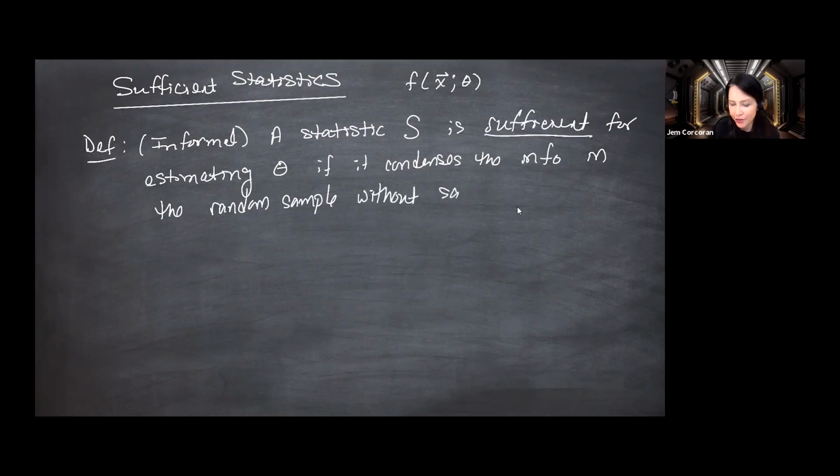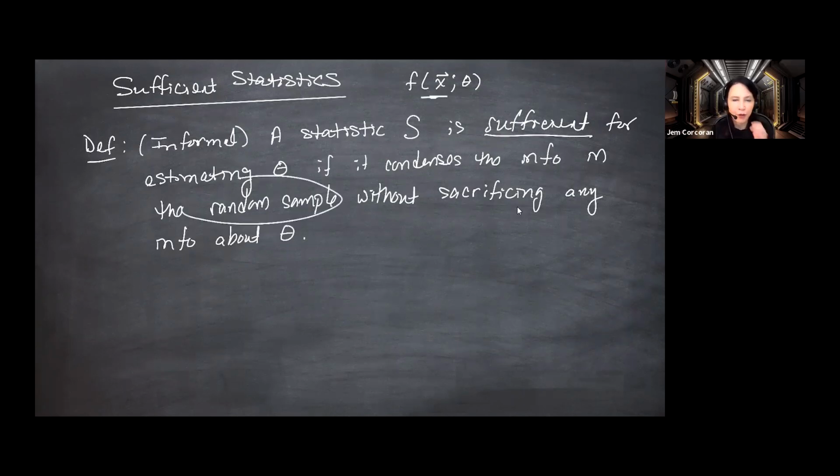The formal definition will tell you exactly what this means. You might just have a joint PDF not built up from IID things, and random sample means IID.